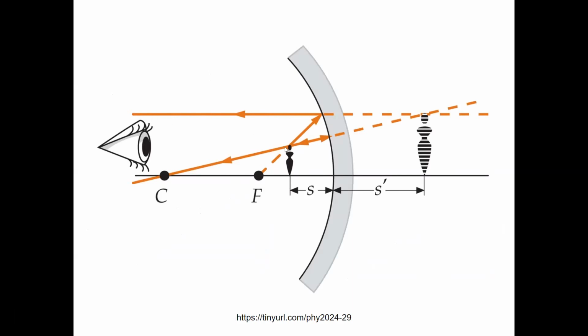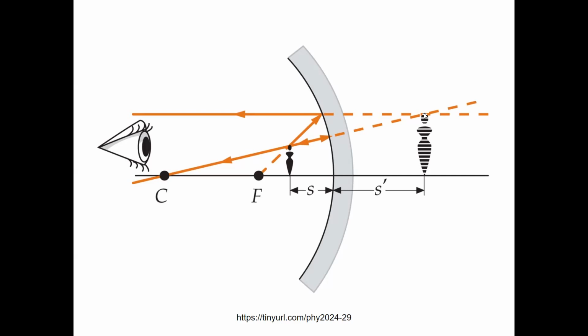And then if you draw a center of curvature ray, it will go this way. So the 2 reflected rays do not meet. They go towards the left and do not meet, but if you back extend them, they will meet somewhere here behind the mirror.